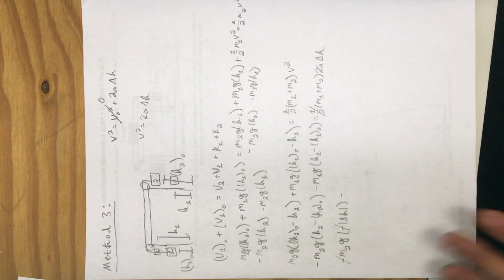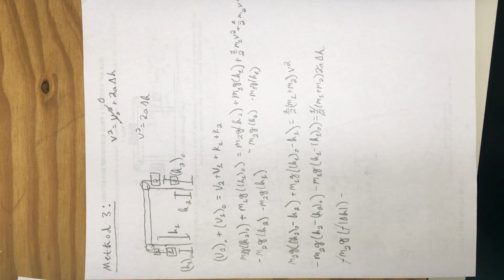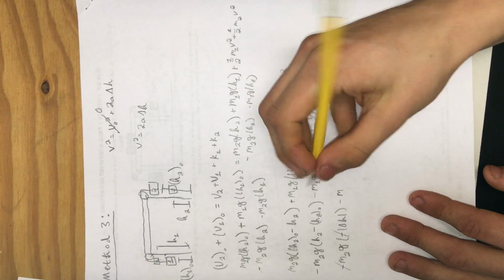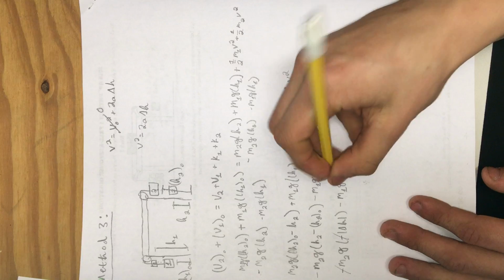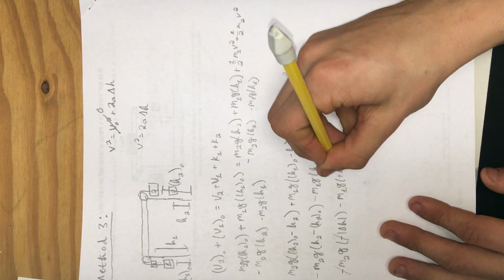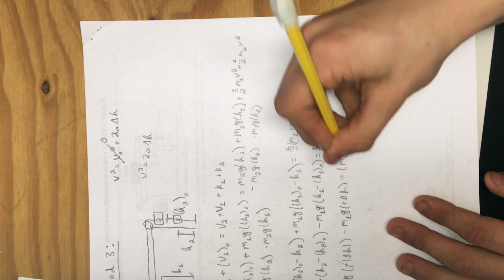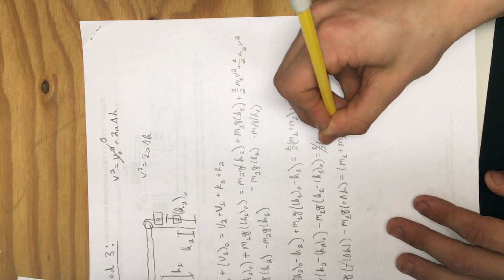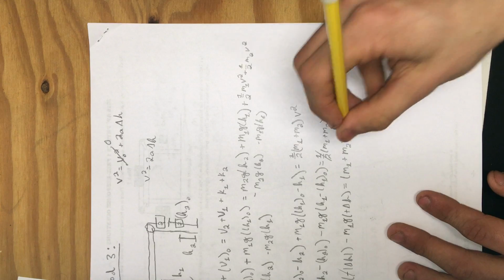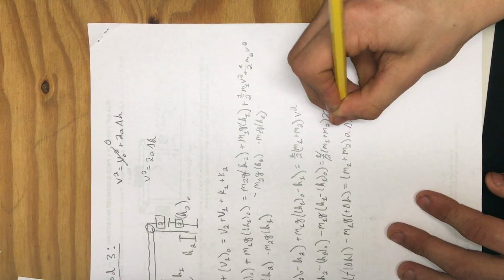Now for the next one, it actually goes up, so it has a positive change in height. So we have minus m1g plus delta h is equal to m1 plus m2 a delta h.